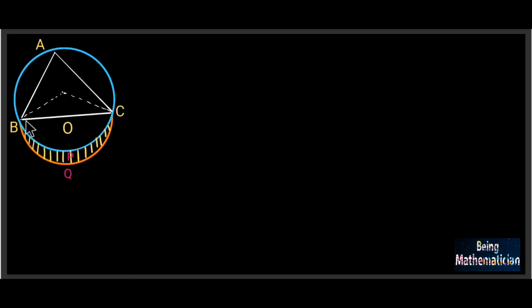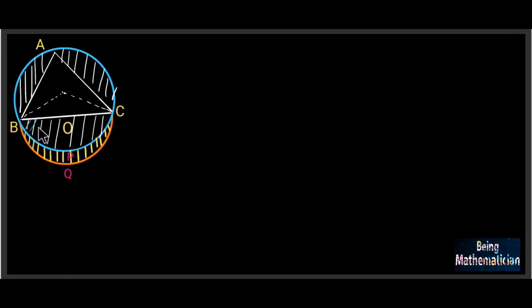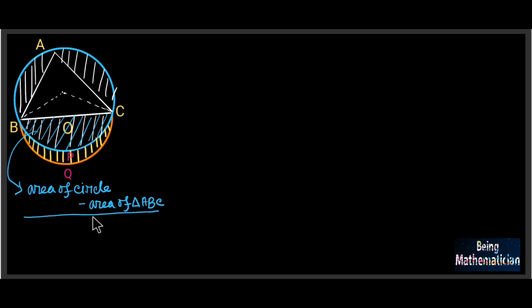Now we know that this part of the figure and this part of the figure and this part of the figure are of equal areas. So now let's calculate this shaded part, which is clearly the area of the circle minus area of triangle ABC, whole divided by 3.